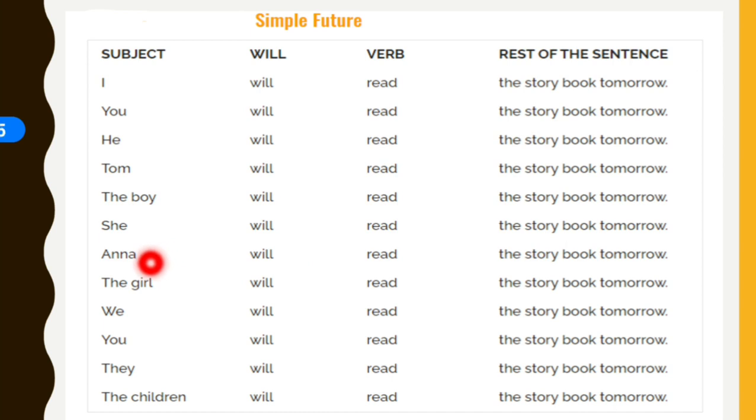Now, another singular noun, Anna. Anna will read the storybook tomorrow. Another singular noun, the girl. The girl will read the storybook tomorrow.